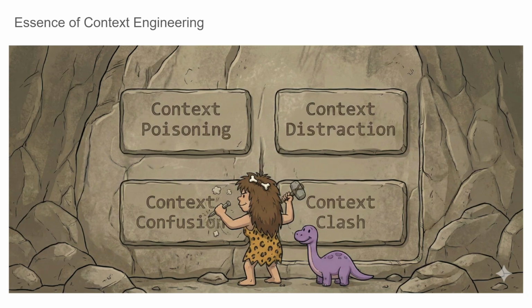I kind of look at context distraction and confusion as maybe it should have just been three instead of four, but they're distinct in a sense, though maybe it's a little bit nuanced how they're distinct.